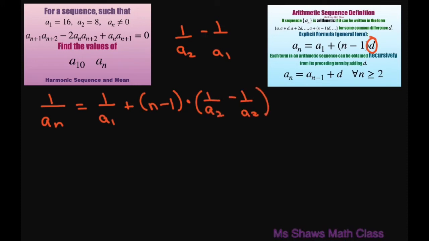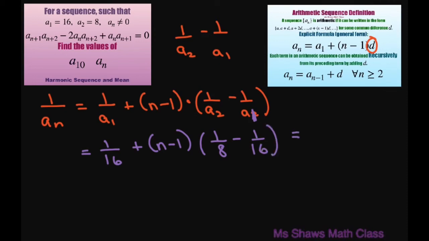All right, now let's use substitution. So a sub 1 is 16, so it's going to be 1 divided by 16 plus n minus 1, and then a sub 2, this should be a 1 here, sorry. That's going to be 1 divided by 8 minus 1 divided by 16.